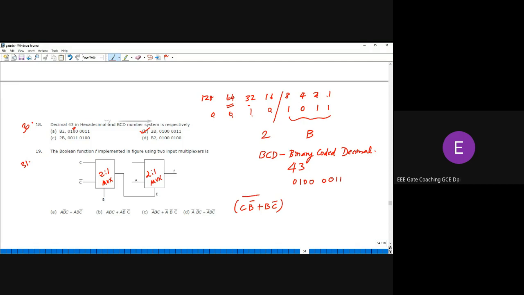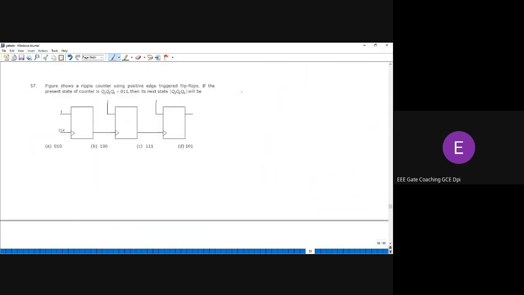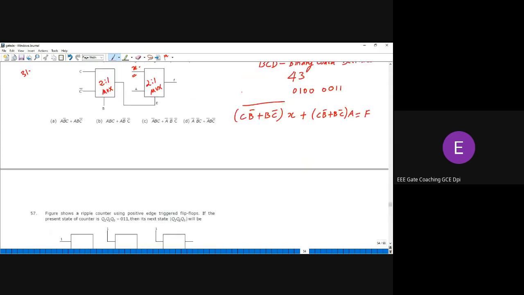The whole bar of this one, X gets selected. So if C B bar plus B C bar, A gets selected. Okay, this is your F. So if I know the value of X, I can solve.